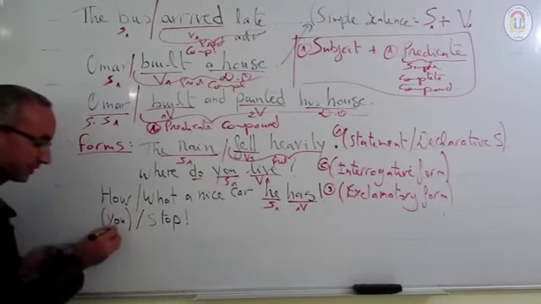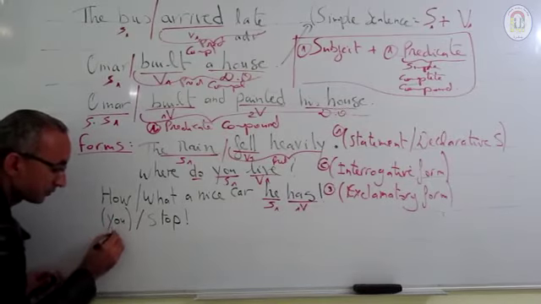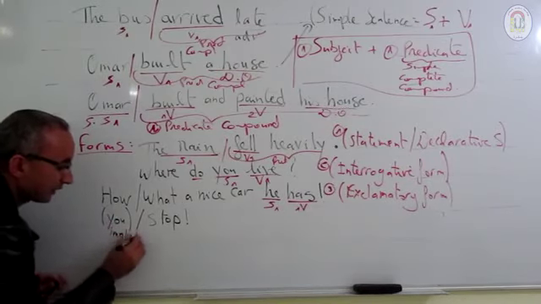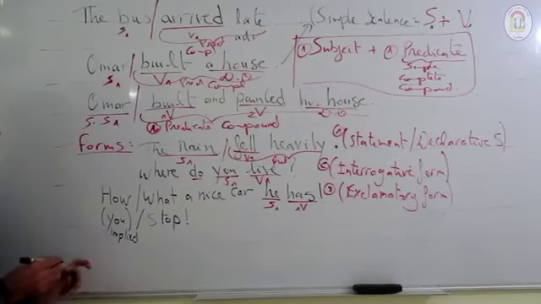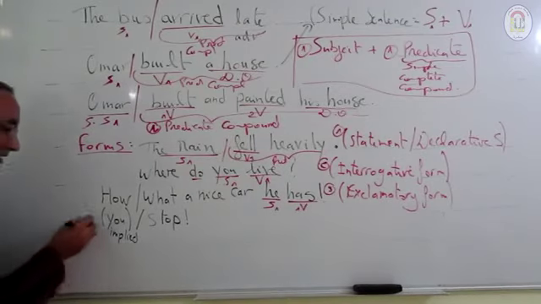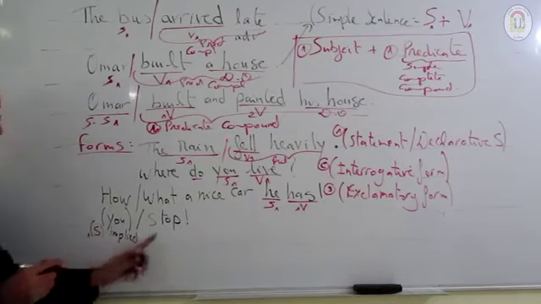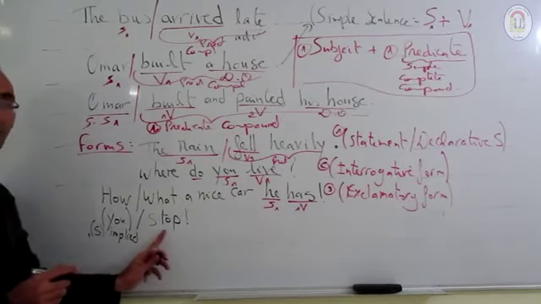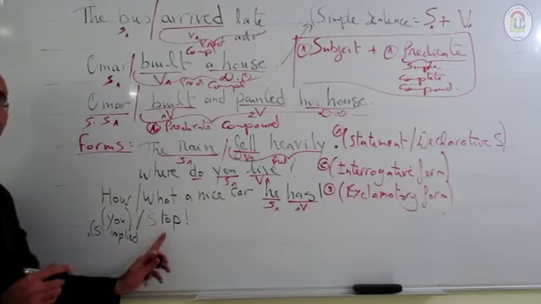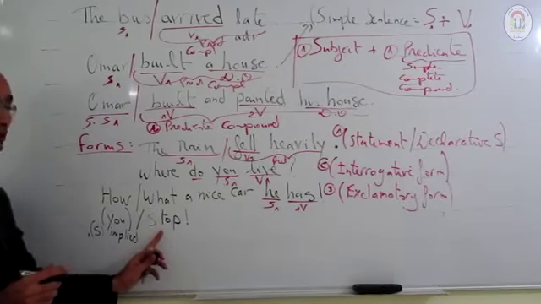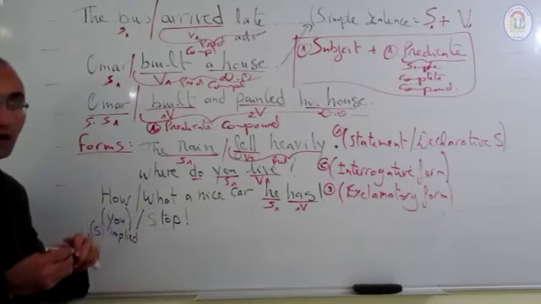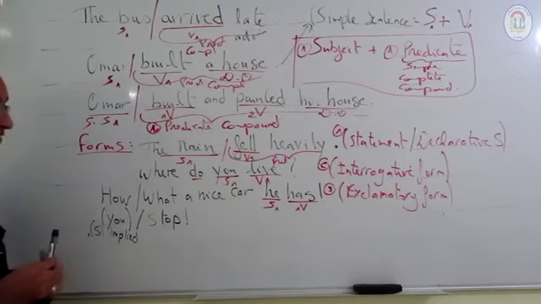So this subject is hidden or implied. It is my implied subject, and stop is my verb in the imperative mode.